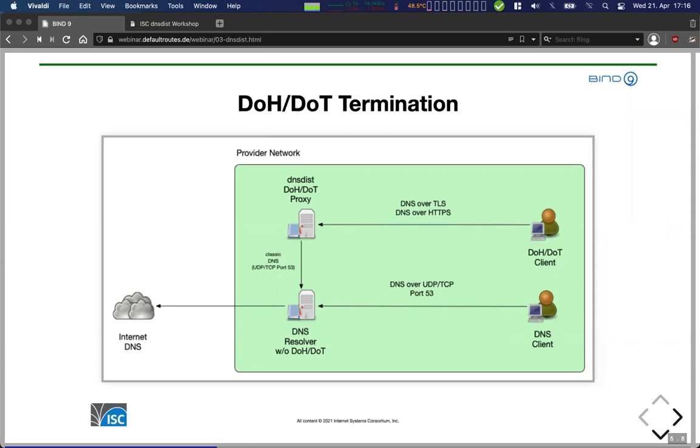But we don't want to rip out the trusty and well-running BIND resolver. We just want to augment that. So we can have dnsdist in the same data center, maybe in the same rack somewhere. And that is offering DNS over TLS and DNS over HTTPS, does all the TLS termination, and then forwards the query over classic UDP DNS or TCP DNS towards the DNS resolver, and that one does the normal resolution. And therefore, we don't need to make any changes to the existing DNS resolver, which is a very nice solution.